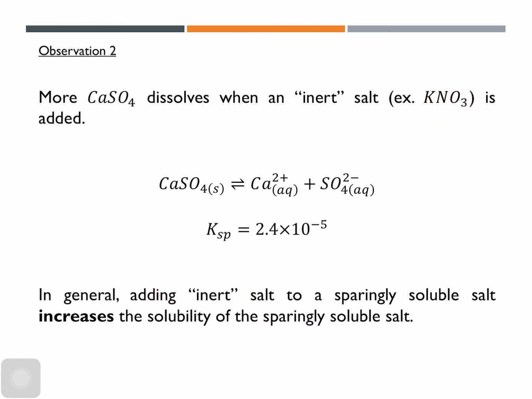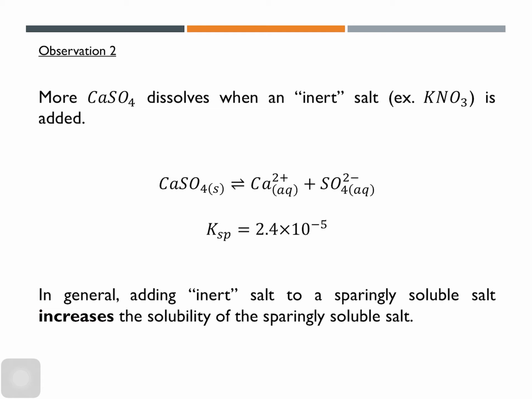Another observation is that when you dissolve calcium sulfate in a solution with inert salts such as potassium nitrate, the solubility of that substance increases. That means more and more of the calcium sulfate dissociates when you add inert salts. When I say inert salts, these are salts whose ions are not in the equilibrium equation.